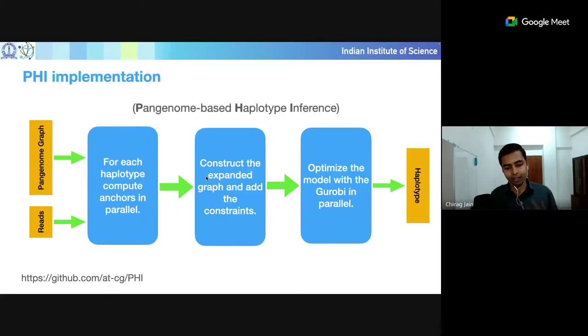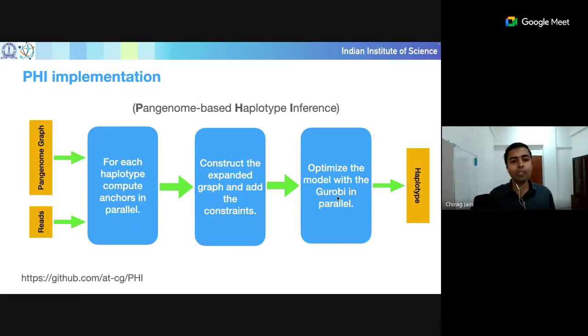Then, to start the integer programming framework, we construct the expanded graph, and we add the constraints on top of the expanded graph. And once we have the constraints and the variables, we optimize the integer model with Gurobi. Finally, the Gurobi solution returns the flow from source to sink that will be used as an inferred path in the pangenome graph.